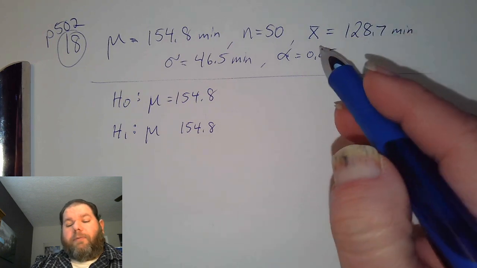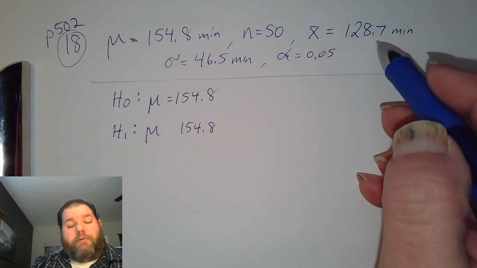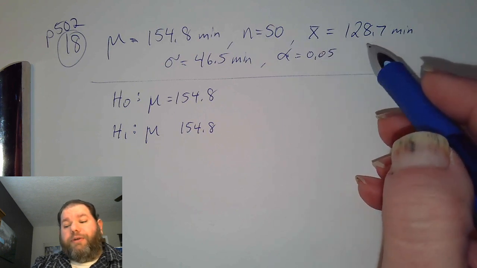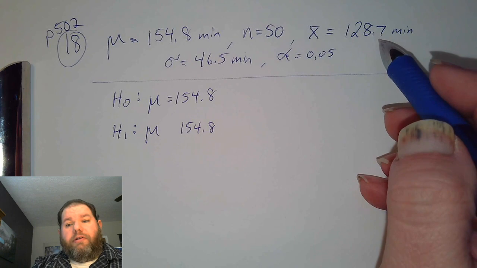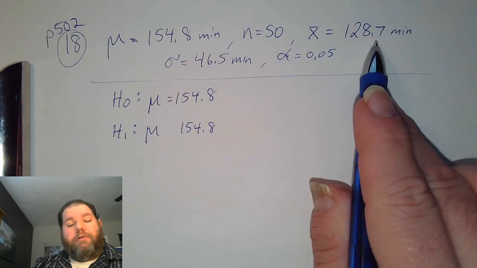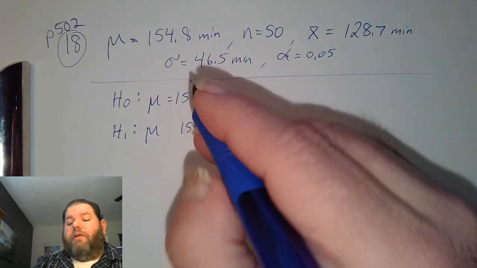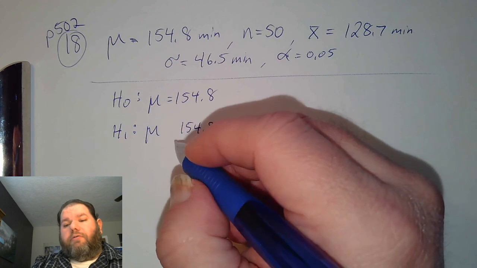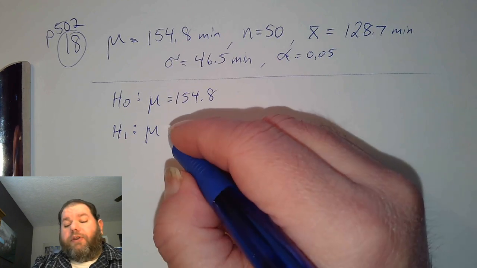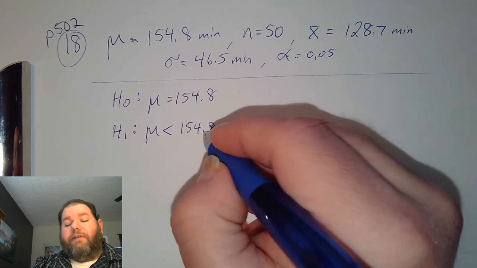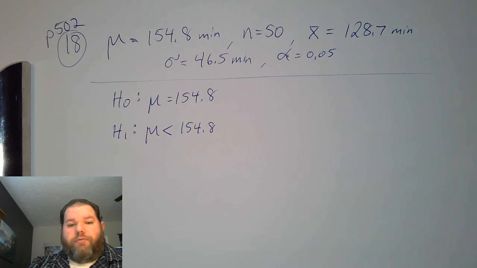So we look at our X bar and say, hey, from our sample of 50 people, we got a smaller mean here, and it looks a lot smaller. So our alternative hypothesis is that mu is now less than 154.8.